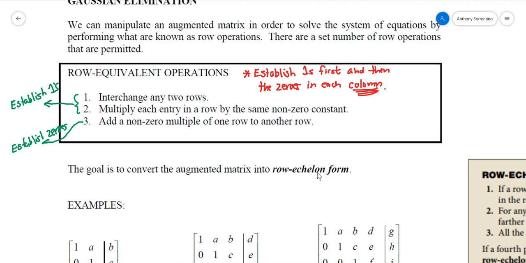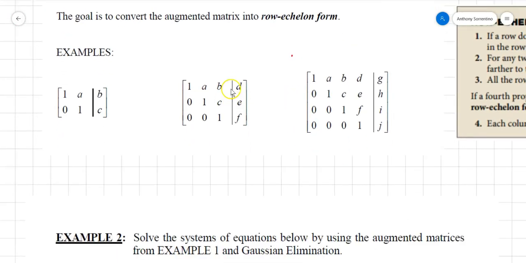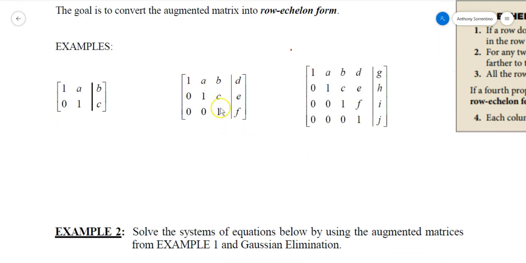It seems kind of weird. We're going to use row operations and focus on the rows, but we want to be transforming each column one at a time. So if I'm in a situation with a 3x3 matrix where I have this kind of setup, I'd want to establish this column first.